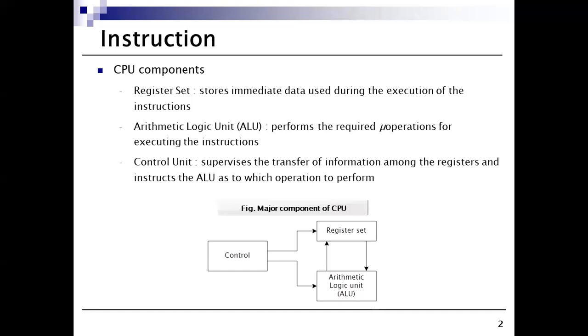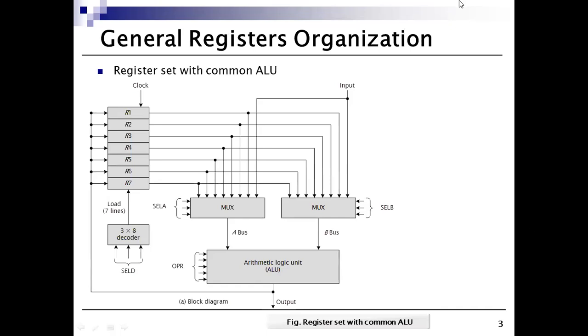A bus will facilitate the communication between all these registers, or between a register and other parts of the CPU. That communication is explained with the help of the general register organization. When more registers were there, how they were organized to complete one instruction execution is explained with the help of a block diagram. So this is the general register organization.